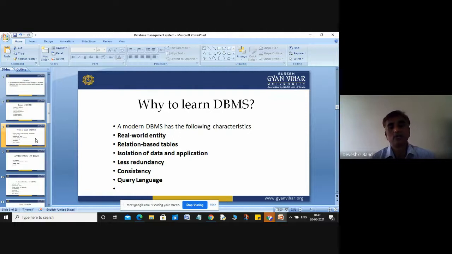And isolation of data and application. A database system is entirely different from its data. A database is an active entity, whereas data is said to be passive, on which the database works and organizes. DBMS also stores the metadata. And less redundancy: as I have told, your database is nothing without normalization.